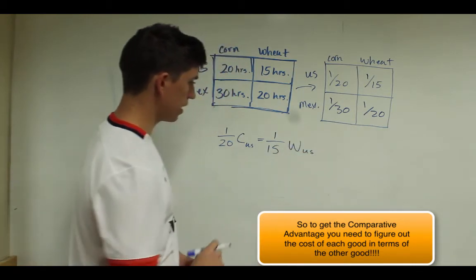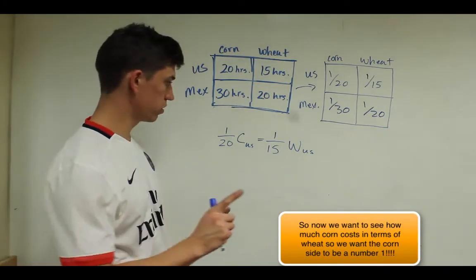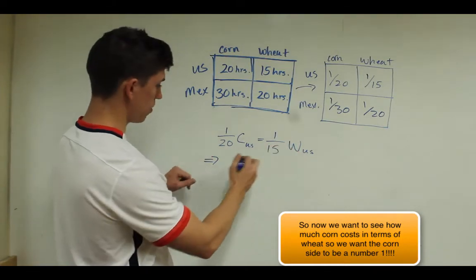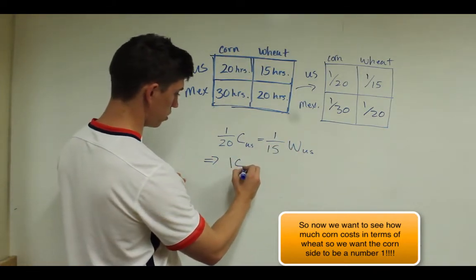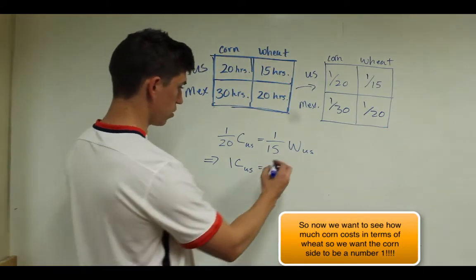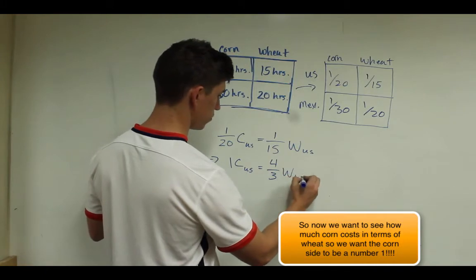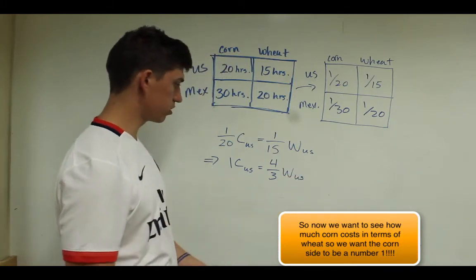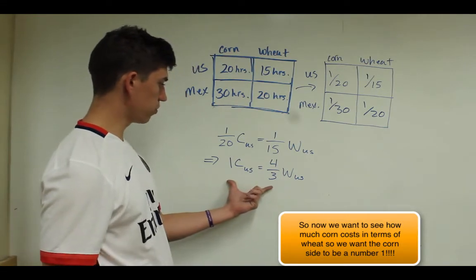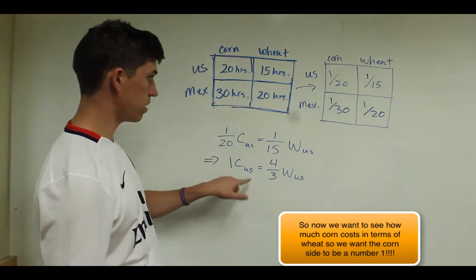Then we always want to find out, what's the opportunity cost of producing 1 corn? If I multiply both sides by 20 here, I get that 1 corn in the US is equal to 20/15, which is 4/3 wheat in the US. That's approximately 1.33. We can do the same thing to see how much it costs for 1 corn in Mexico.